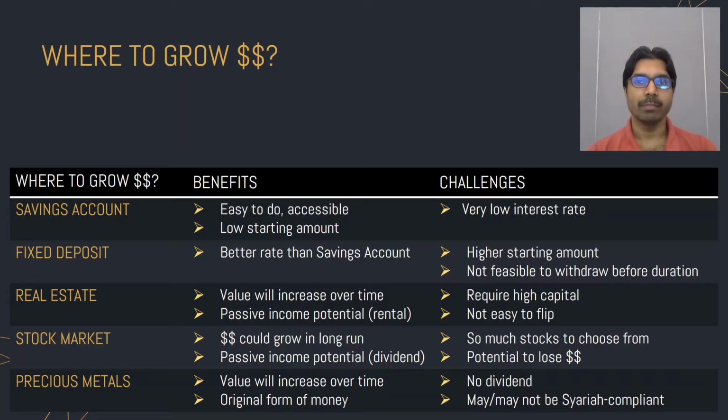It doesn't require a big starting capital, but it comes with a caveat. So what are the challenges involved? The challenge of this savings account is that it gives you a very low interest rate. So in that sense, you need to find another way, or look at available platforms out there which give you a better return than a savings account.